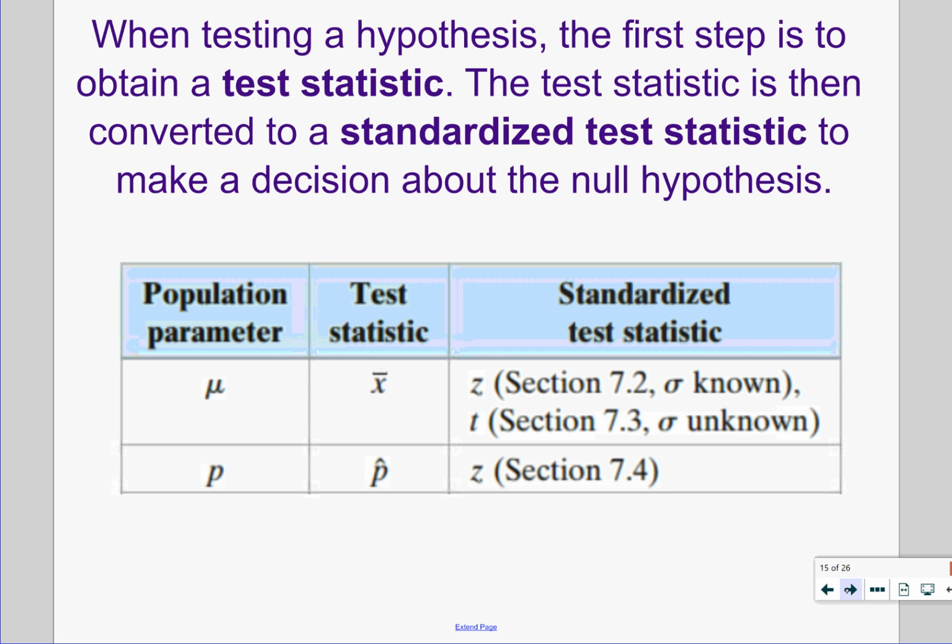What are we testing? What's the test statistic? Which chart am I going to use? Is it going to be standard normal distribution, or is it going to be t-distribution based on whatever we're testing for? You can also do things with variance and standard deviation, but we haven't done a lot of that in this class. We don't really cover it, but it is something, again, in other statistics courses that you could calculate or test for.